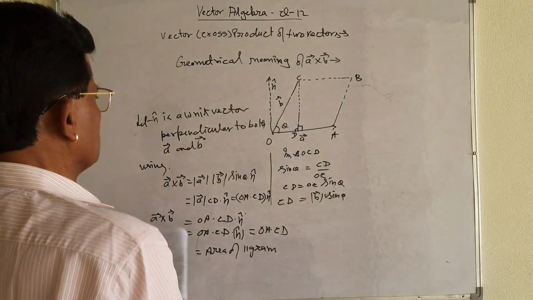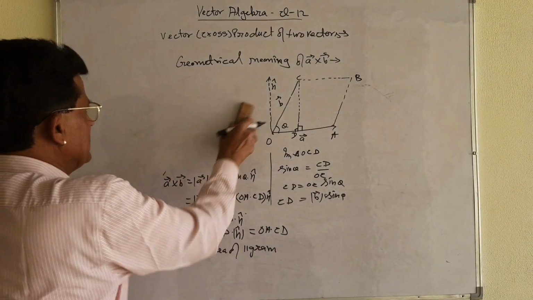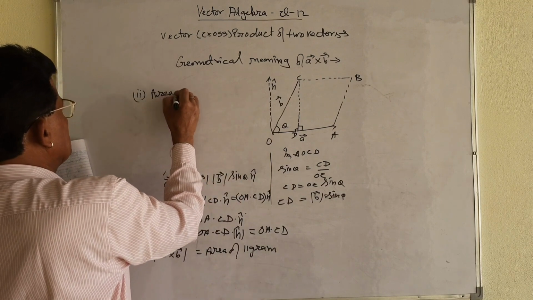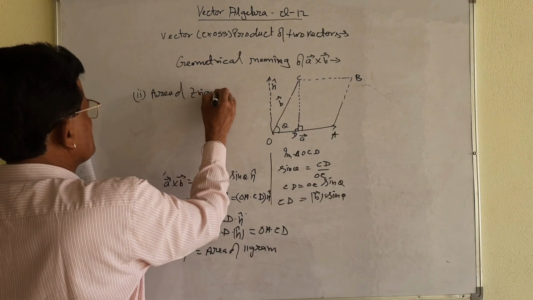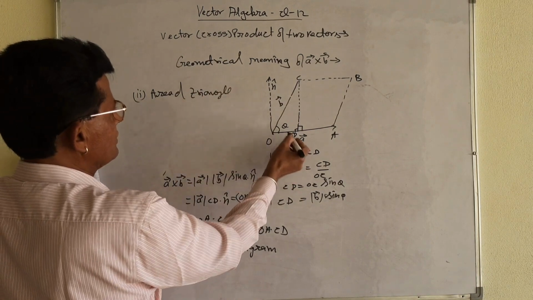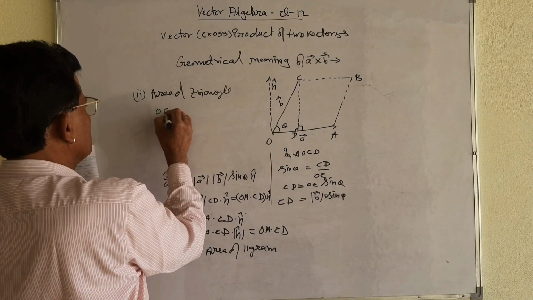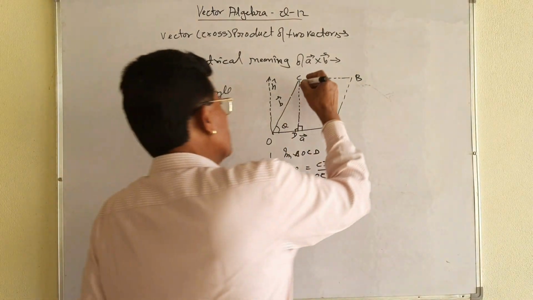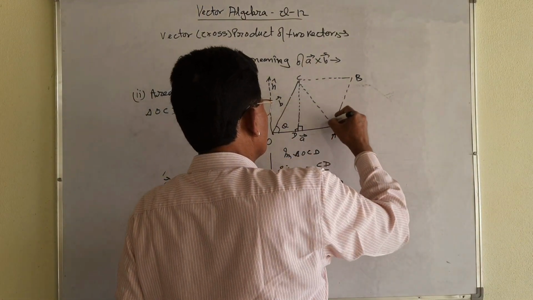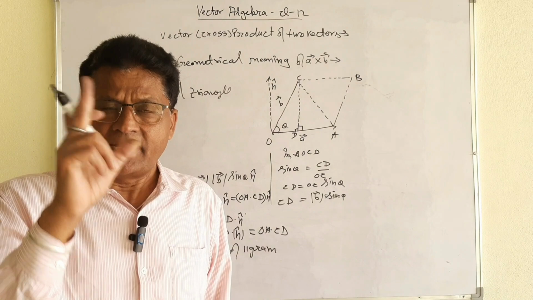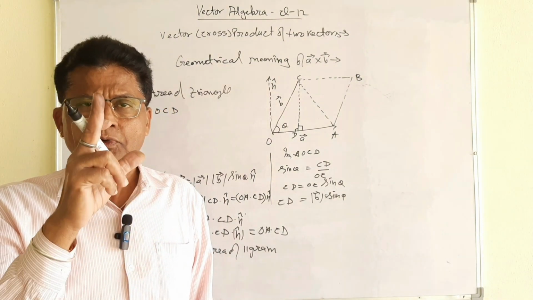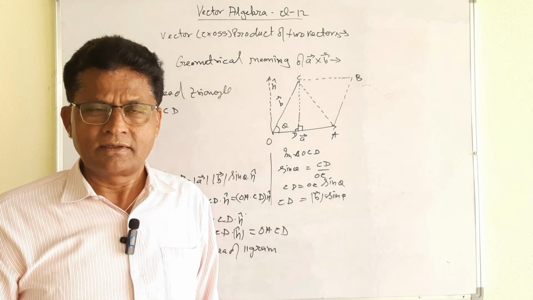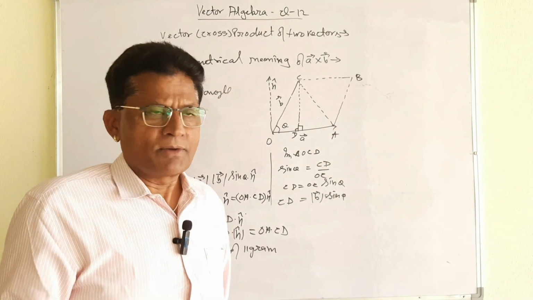Now, I will discuss the same thing for the area of the triangle, second case. What triangle? OCD. How will you find the area of the triangle? Let me join the diagonal CA. A diagonal divides the parallelogram into two triangles of equal areas. That is the theorem also.